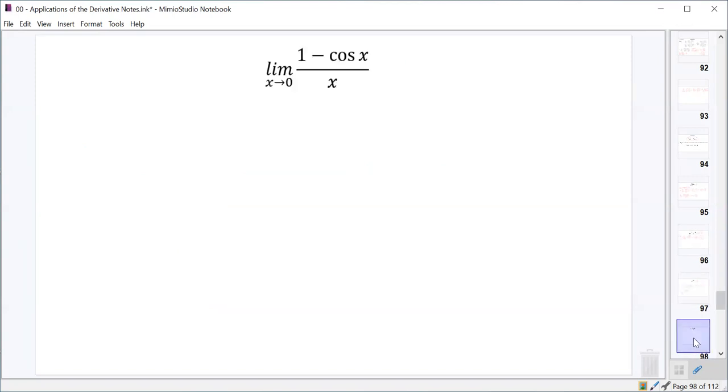And this was another one that we looked at when we were doing some of those trig limits. This is 1 minus the cosine of 0 over 0 plus 0 over 0. So we'll use L'Hopital's rule. Remember, you're going to write out that you're using L'Hopital's rule and make sure that you show that this limit is 0 over 0. And we'll then say the limit as x approaches 0 of the derivative of 1 is 0.